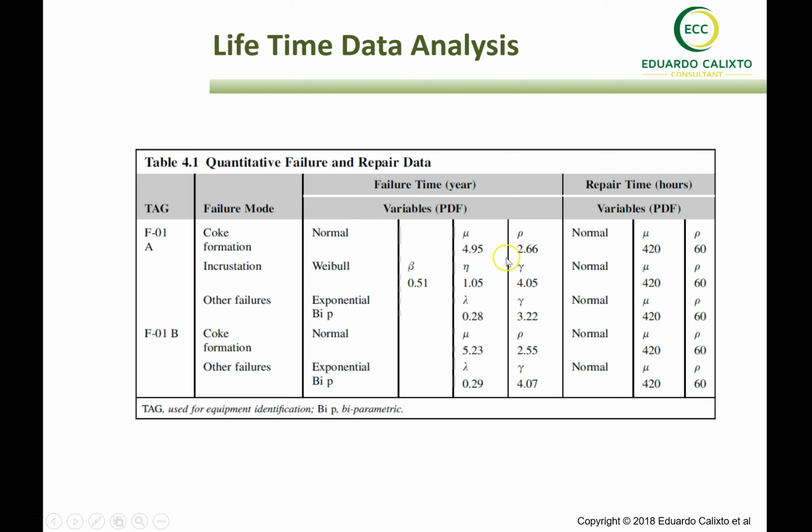For the coke formation, we have a normal PDF with average and standard deviation, and also for repair time we have a normal PDF with mean and standard deviation. This time is in hours, and for the failure this time is here.